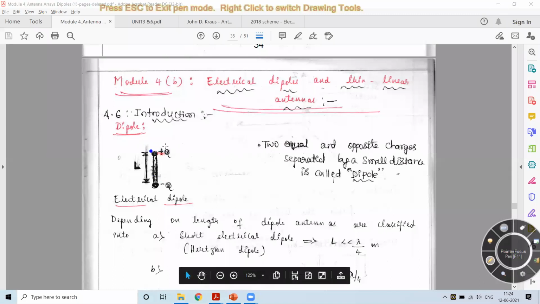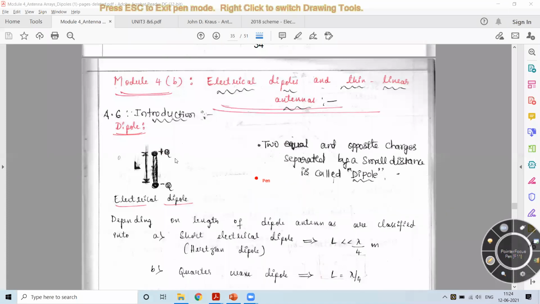We can observe that we have two charges, plus q and minus q, opposite to each other and separated by a distance L.